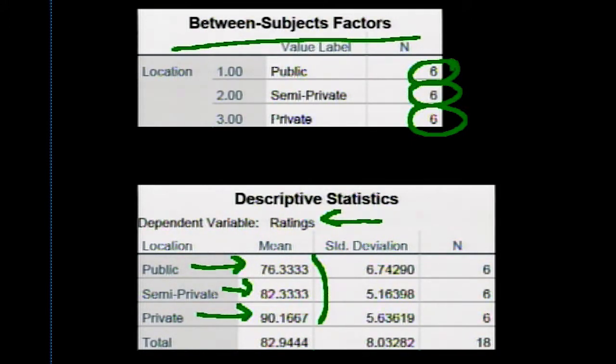As we look at it collectively, we are asking the question, do any of these scores differ significantly from any other scores? On the face of it, we might say, wow, I noticed that 76.3 looks kind of different from 90.16. I might think to myself, there's probably a difference there, but we don't know if it's significant. The ANOVA will tell us the answer to that.